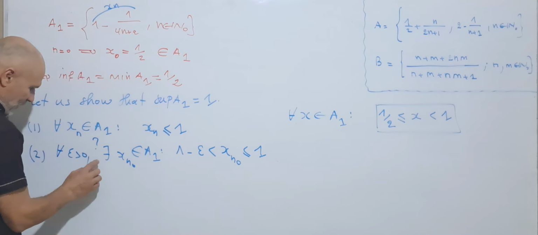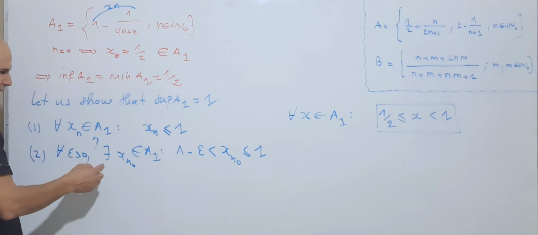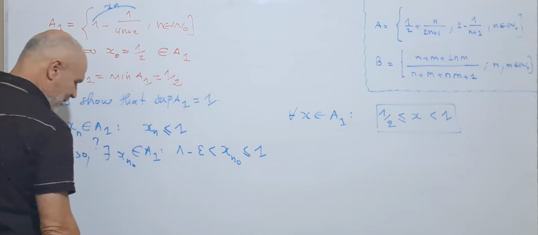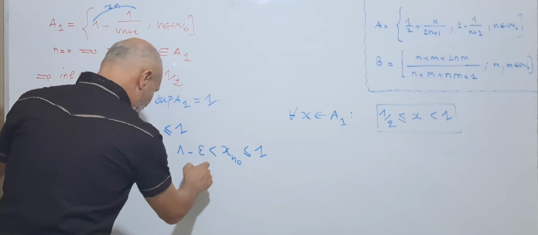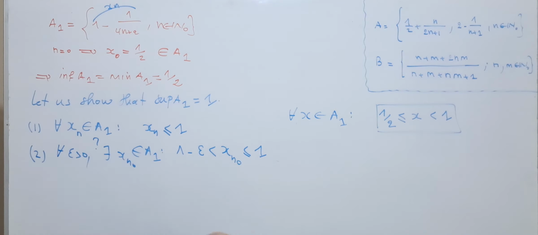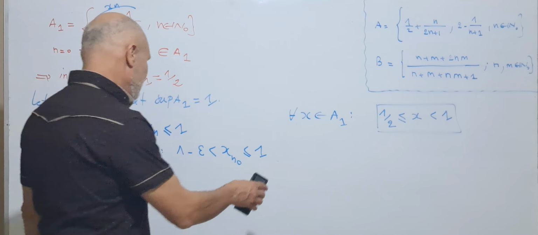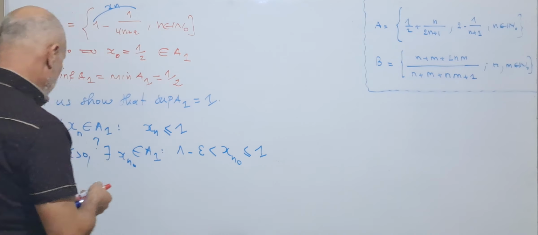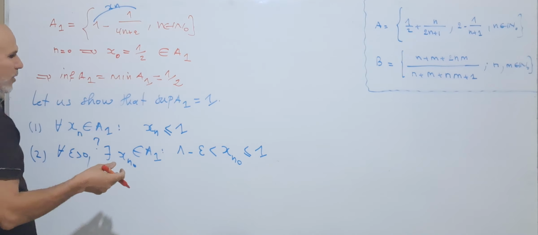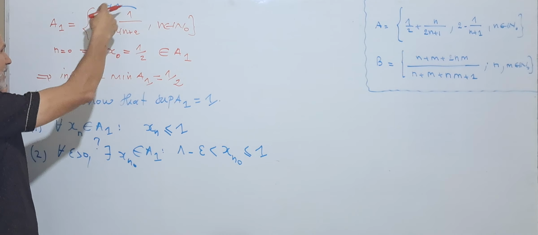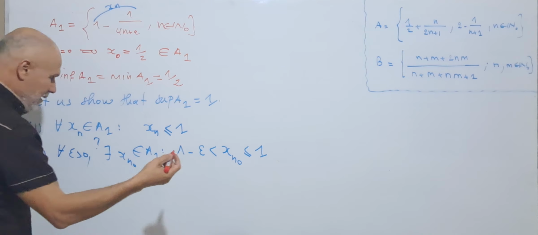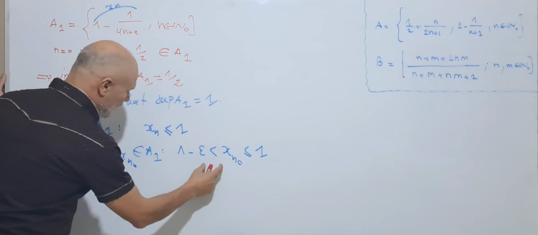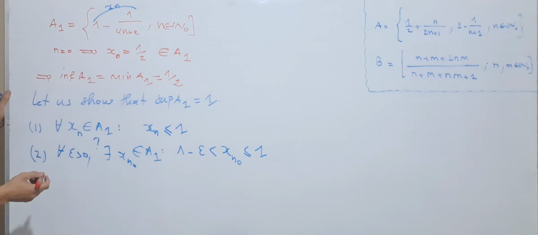Let us take epsilon any given real number, and try to find an element from A1 which verifies this double inequality, less than or equal and strictly greater than. Any element of A1 takes this form.